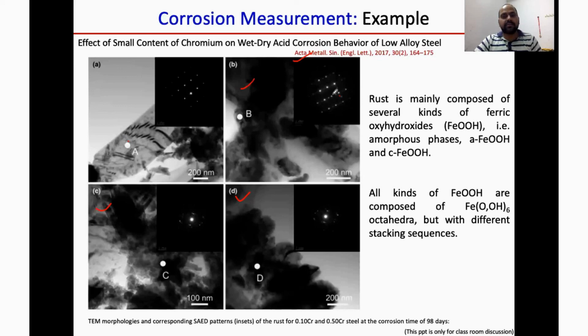So the stacking sequences are also different. If you read this paper, you can get more detail on how TEM can be analyzed. I would also advise you to search for one or two research articles in which TEM analysis was given in detail for analyzing corrosion products.